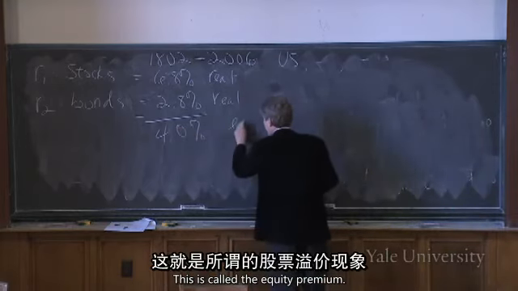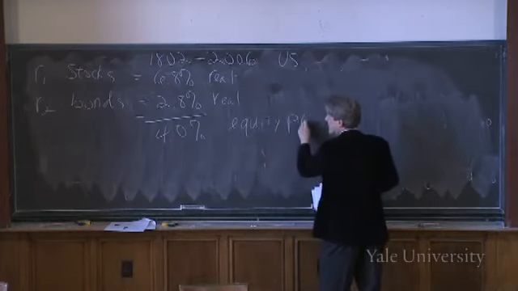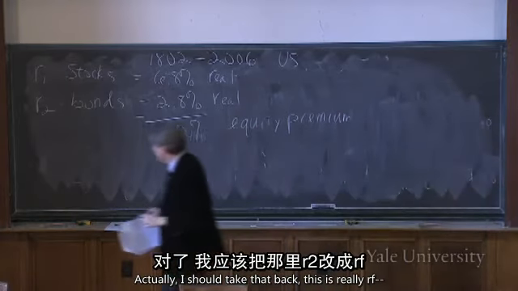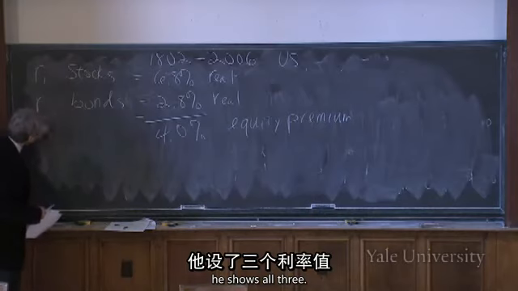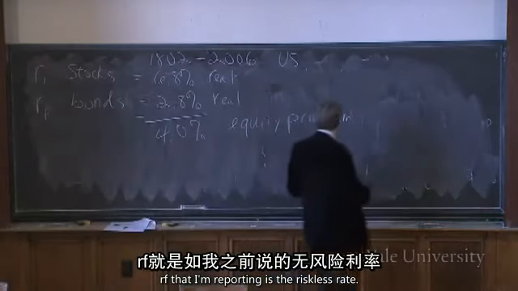And so this is called the equity premium. Actually, I should take that back. This is really R sub F. He shows all three. R sub F that I'm reporting is the riskless rate.